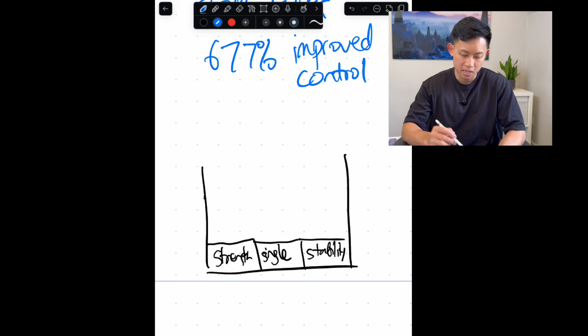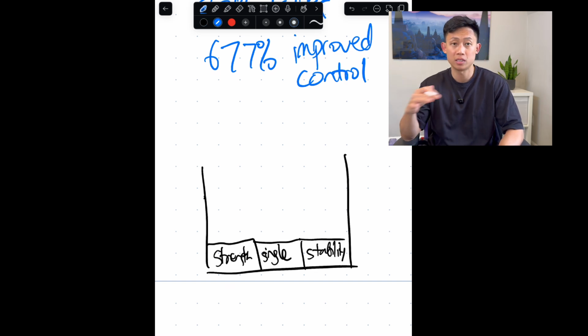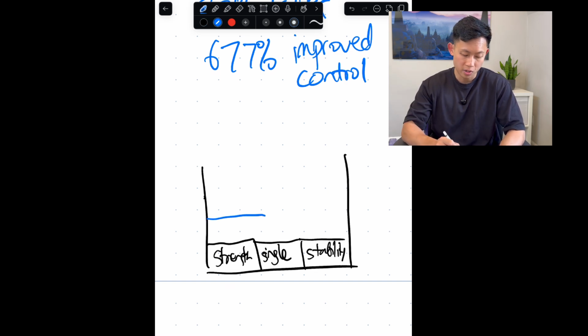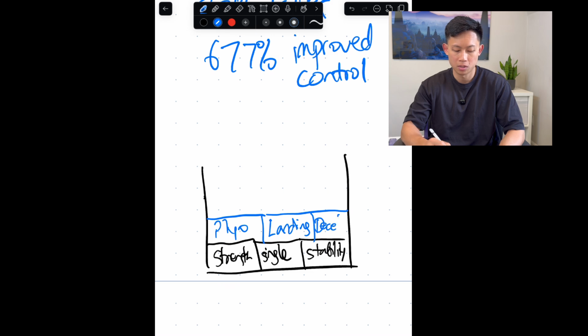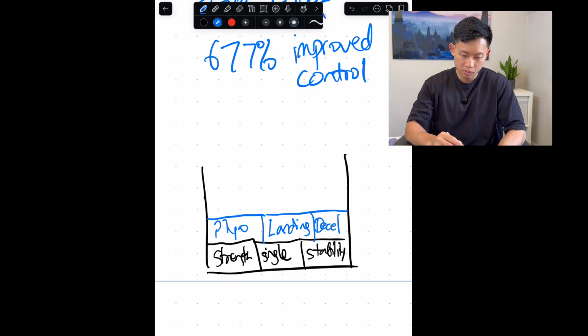And the next layer up, what we were able to do because we had a solid foundation was we actually were able to layer plyometrics, right? We were able to go into landing. We were able to go into deceleration, right? And so you can see this keeps going up and up, right? So we'll go even higher.